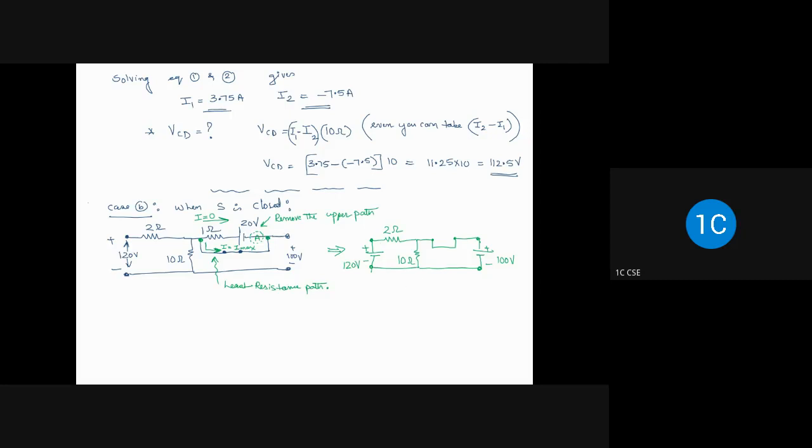So you don't have to take it as a separate loop over here. Now you tell me, what is the voltage across C and D? Do you have to apply mesh analysis? It's something like I am connecting a voltmeter here. If you connect a voltmeter here, or if you connect a voltmeter here, will it matter?